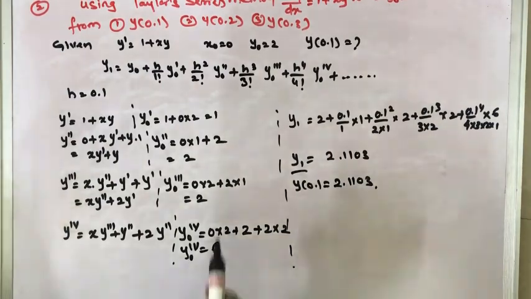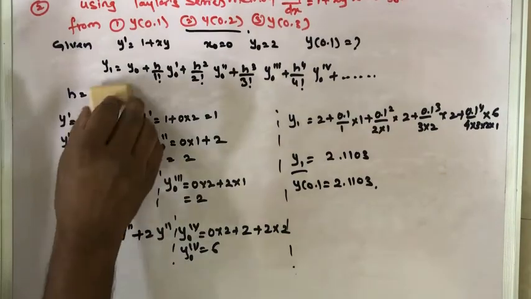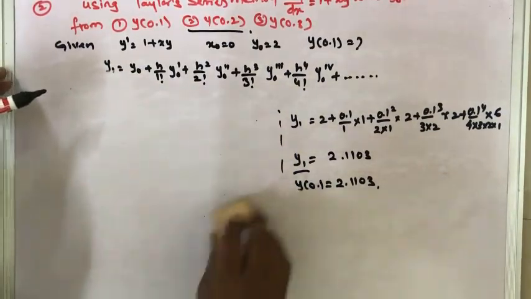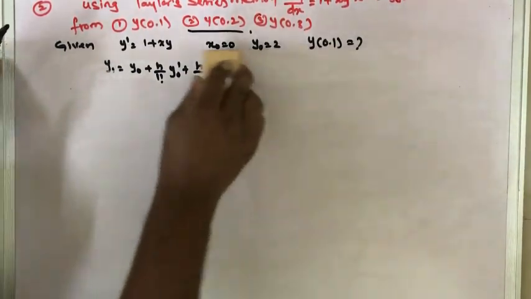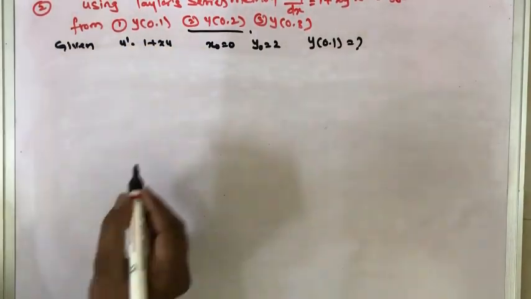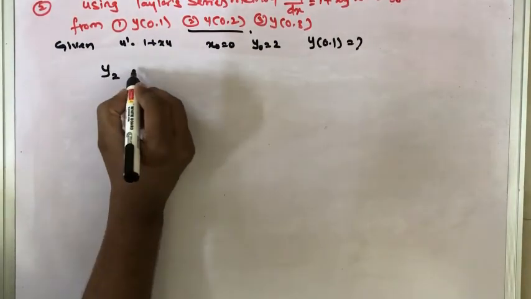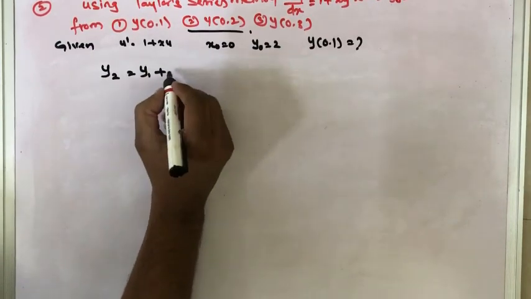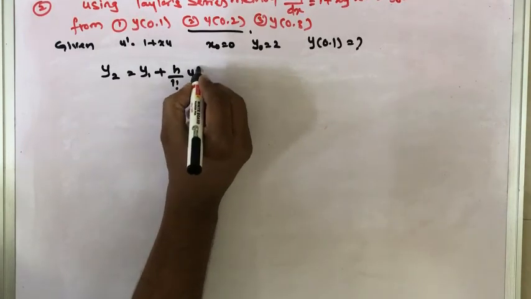Now we'll calculate the second one. So the equation here will be y2 equals y1 plus h by 1 factorial into y1 dash.